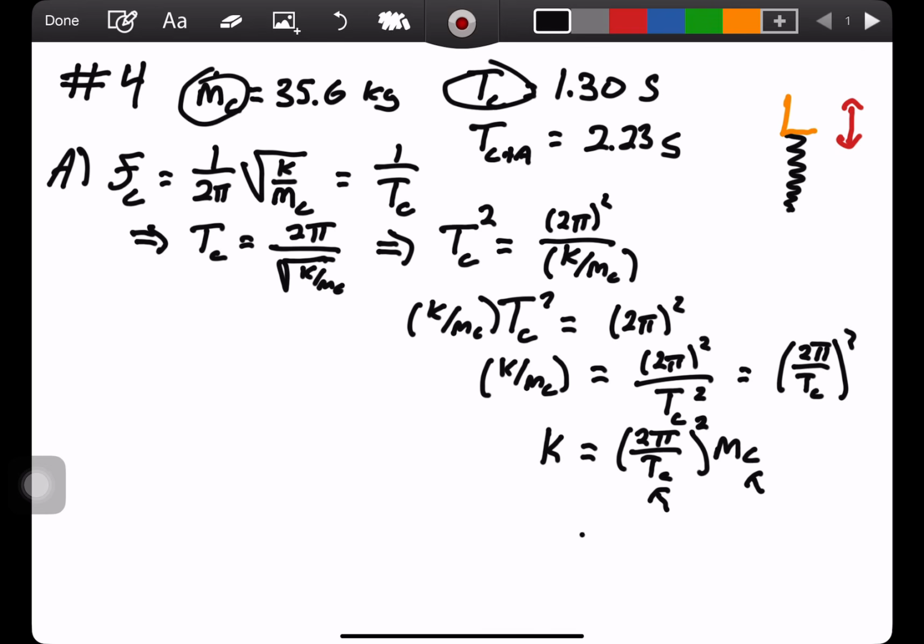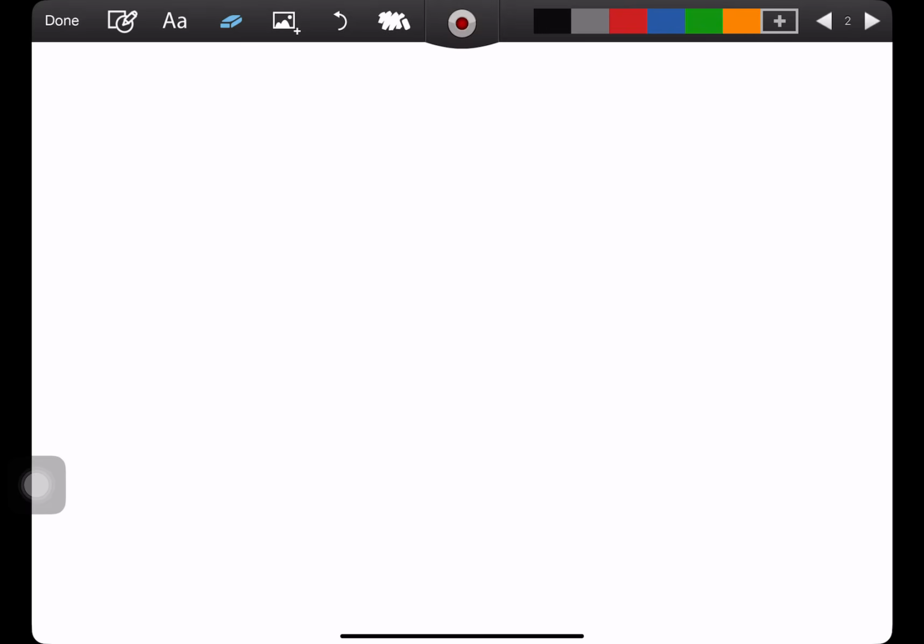So I can write that out even more explicitly. I can say 4 pi squared over t chair squared times mc. And so you plug those numbers in and you're able to solve for k. So that's part A.